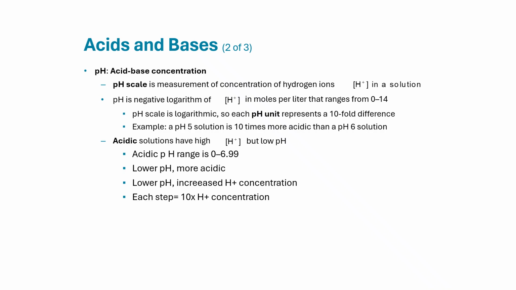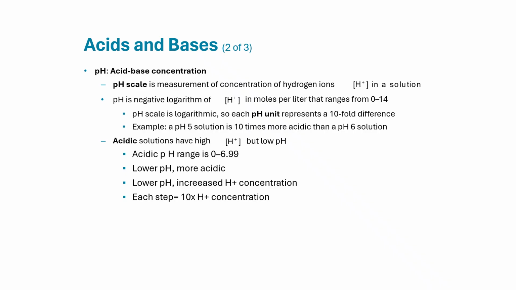The lower the pH, the more acidic. As you go from 3 to 2 to 1, it's becoming more acidic. The lower the pH also means increased hydrogen concentration, so more hydrogen ions.